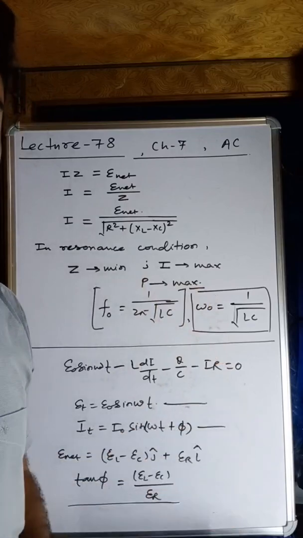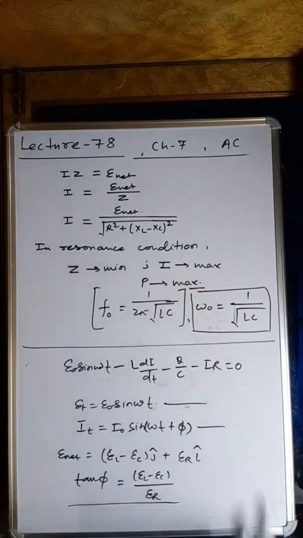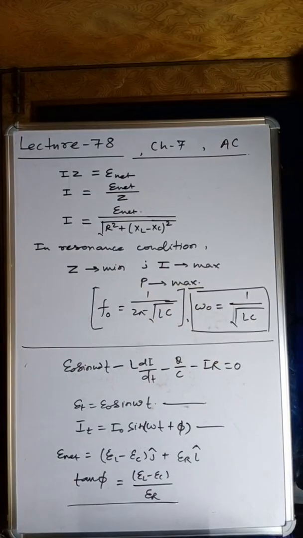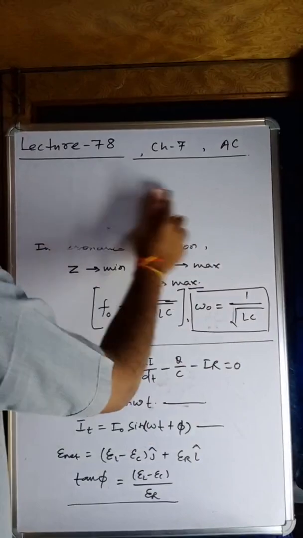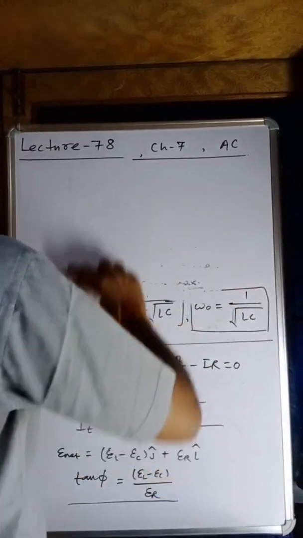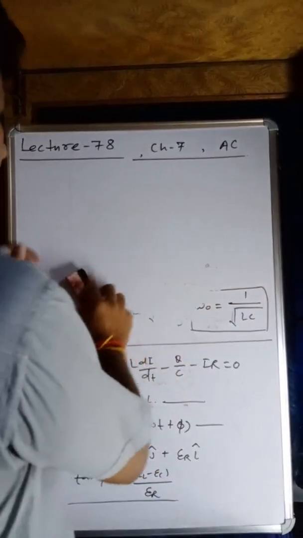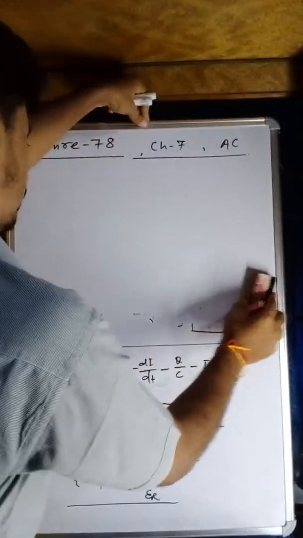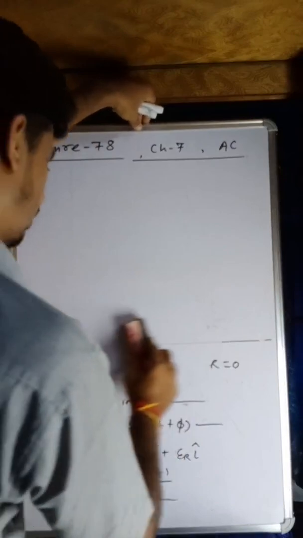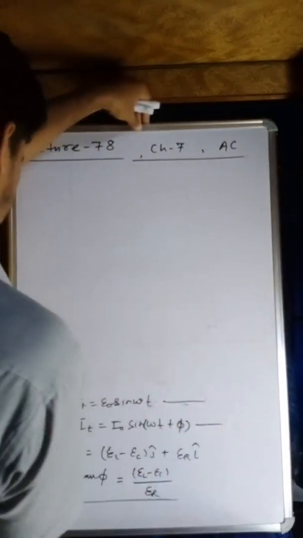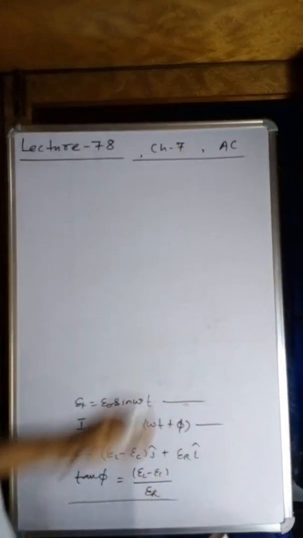Now we were about to study the analytical relation between omega and current, which we are going to represent using a graph. So let me start plotting a graph of frequency and net current.